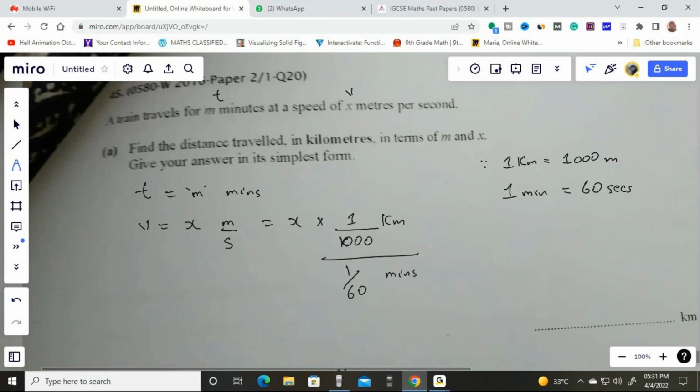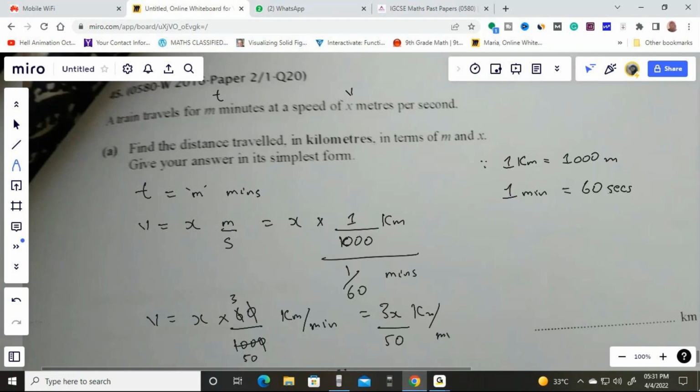So this now tells me that my v is, after simplifying, 3x upon 50. The speed is 3x upon 50 kilometers per minute.